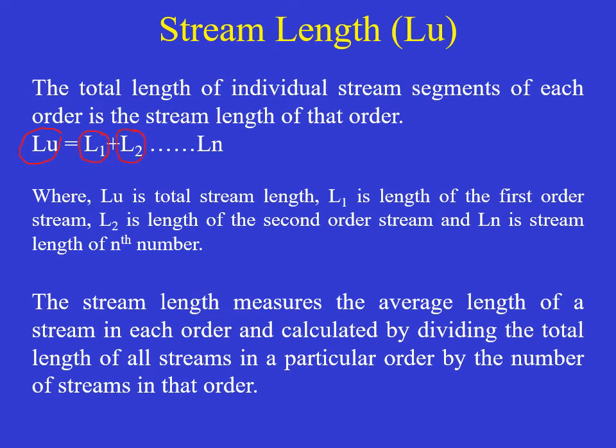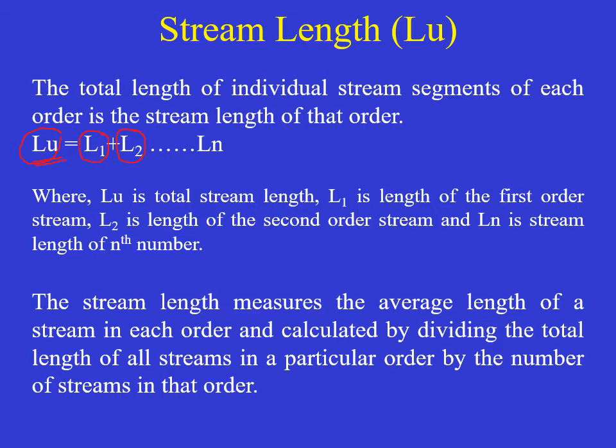So if a river has n tributaries, the summation of the n lengths gives us the total length of the river. The total length of the river is indicated by LU, which is equal to the summation of L1, L2, L3, up to Ln.